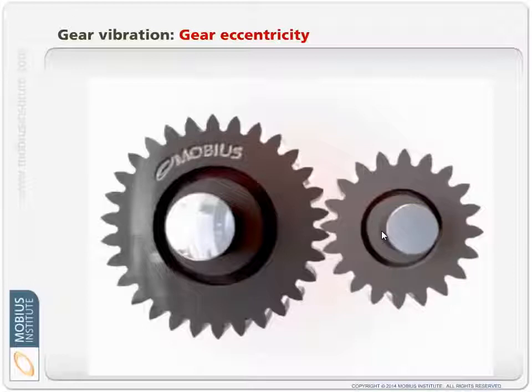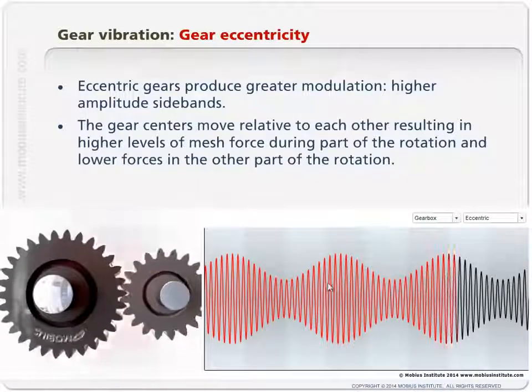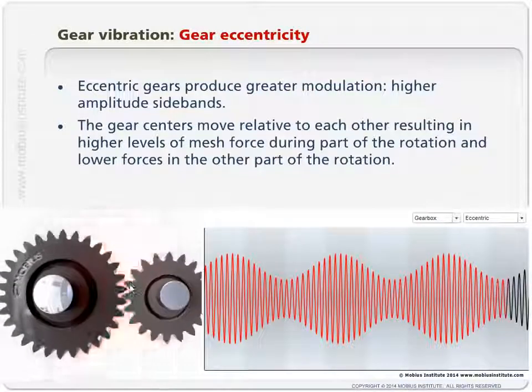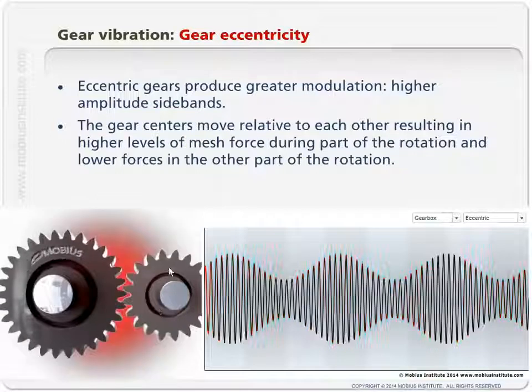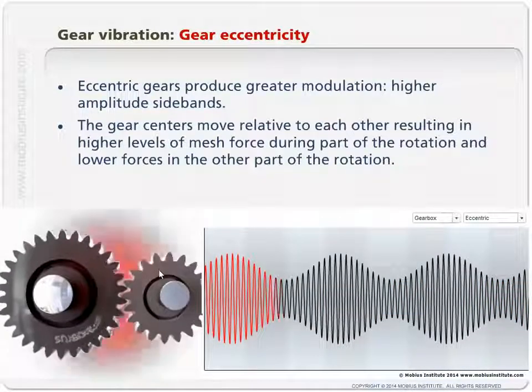You have to consider the possibilities for why this is occurring. But any time we have this variation in the gear mesh force, we see more of that modulation. In this animation, we've got the 2 gears meshing together eccentrically. As I've already said, it could be because of a bent shaft, it could be because of the gear manufacturer or whatever.